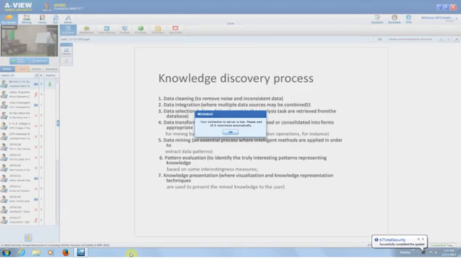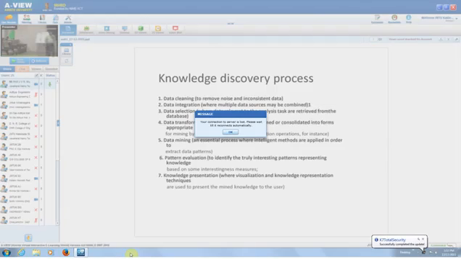Okay. Data mining. This is an essential process where intelligent methods are applied in order to extract data patterns. That is classification, clustering, association rule mining kind of things. And pattern evaluation, to identify the truly interesting patterns representing knowledge, because you come across different patterns, based on some interestingness measure.